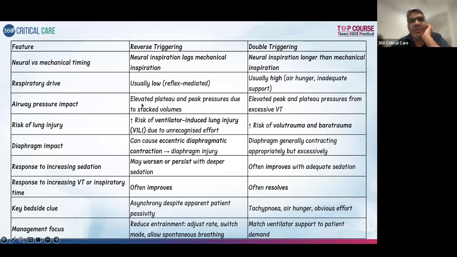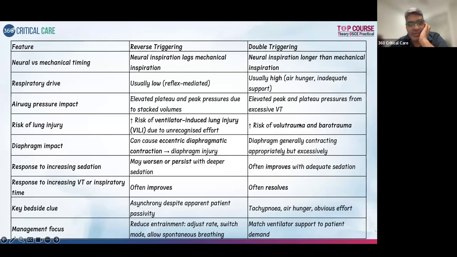Airway pressure impact: both will have elevated peak and plateau pressure, and both can cause volutrauma and barotrauma. Diaphragmatic impact: reverse triggering can cause eccentric diaphragmatic contraction, which can lead to diaphragmatic injury. In case of double triggering, the diaphragm is generally contracting appropriately but excessively.